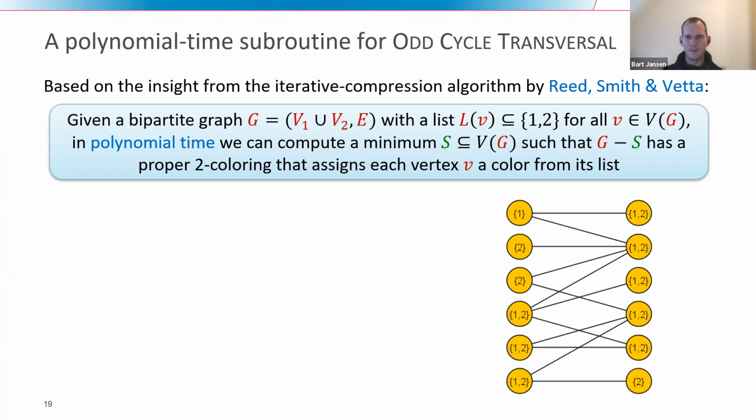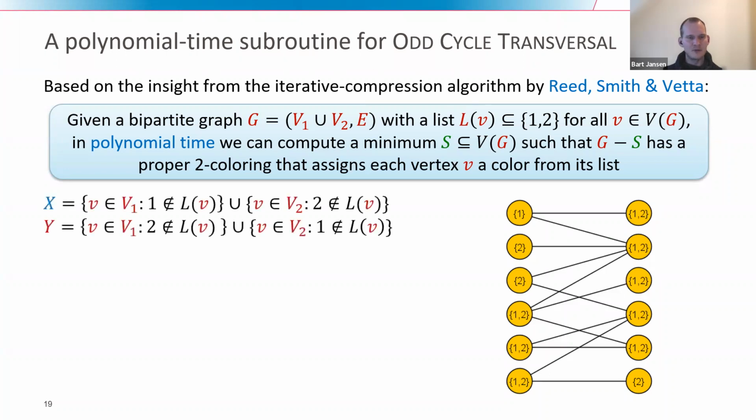So let's see why. The formal definitions are here, but let me start by pointing out why these should make sense. Suppose that we have a vertex on the left that is not allowed to get color 2, so it's forced to be color 1. And we have another vertex on the left, which is forced to be color 2. If these two vertices end up in the same connected component of G minus S, the coloring will be impossible, right?